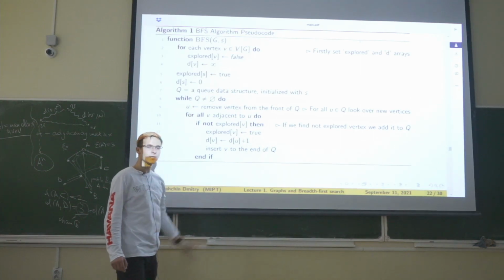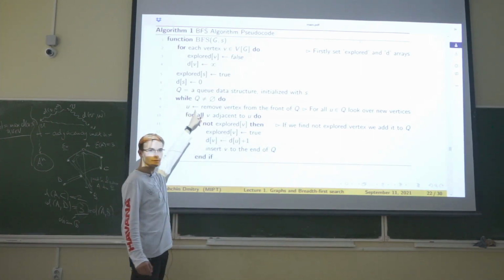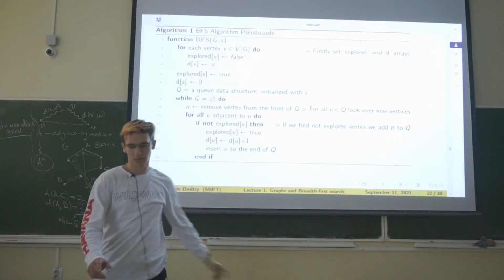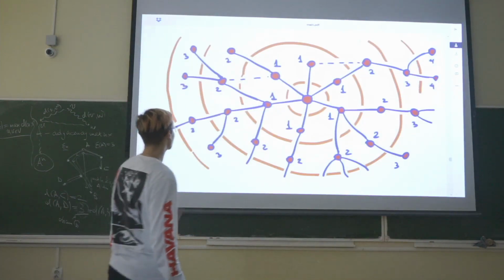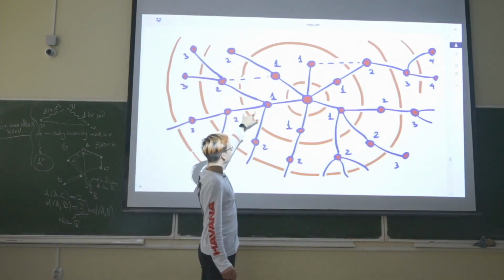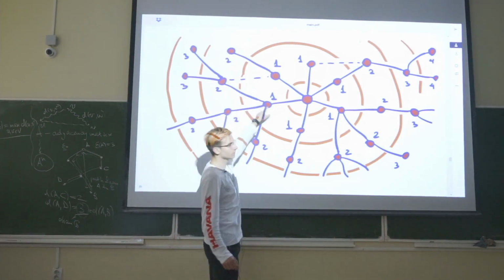So we can say that the parent of V is equal to U, okay? Then we say that this edge connects V with U, yeah?